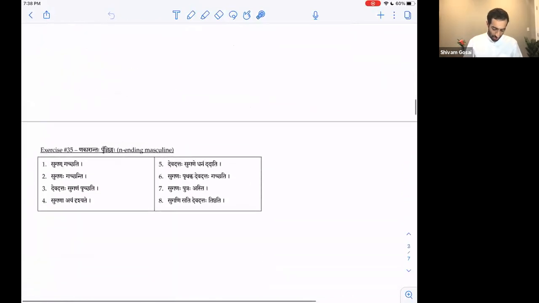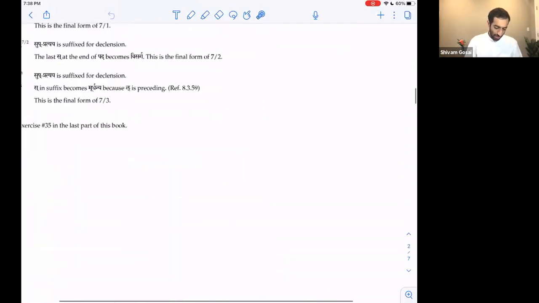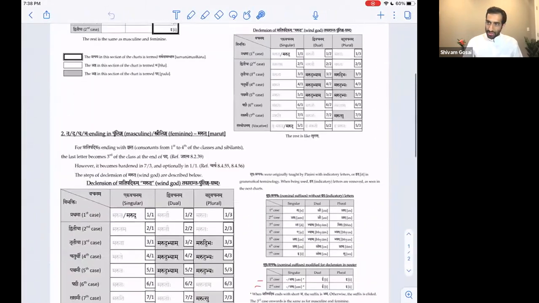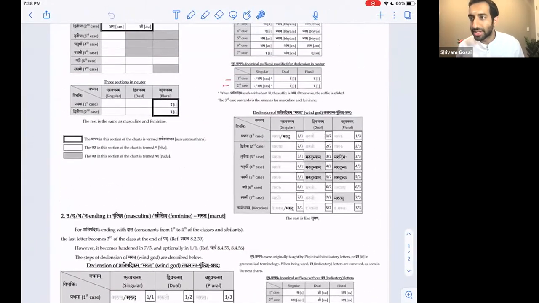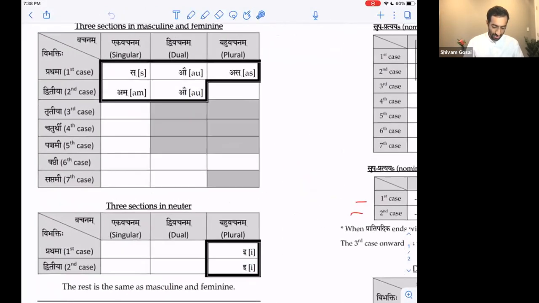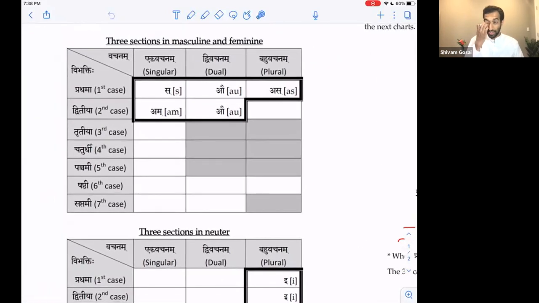While people are letting me know, I want to go backwards a little bit and look at page 127, where we have these 3 sections in masculine and feminine.